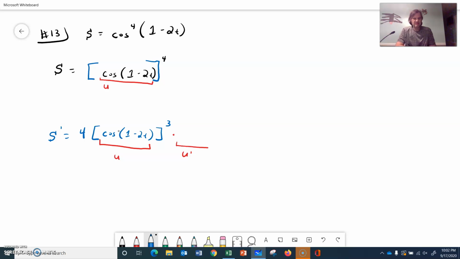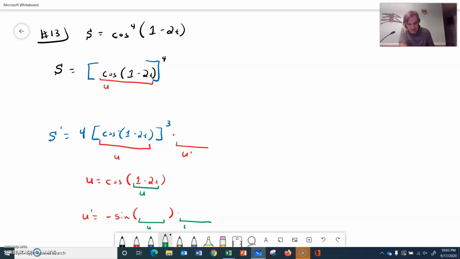So what I want to do is take the derivative of that. If my u is cosine of 1 minus 2t, to take the derivative of that, I'm going to use the cosine derivative, but with a chain rule. So in this case, the u is 1 minus 2t. The derivative of cosine is negative sine with this u in it, and then times the derivative of u.